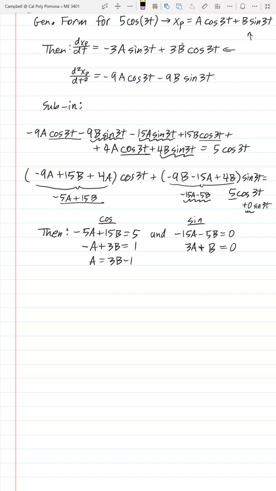And so then we can go ahead and sub this in over here for a. And when we do, we get 3 times 3b minus 1. I'm sure there's a more elegant way of solving these simultaneous equations, but let's just do it the brute force way. So I get 9b minus 3 plus b is equal to 0. And so I get 10b is equal to 3, and we get that b is equal to 0.3.